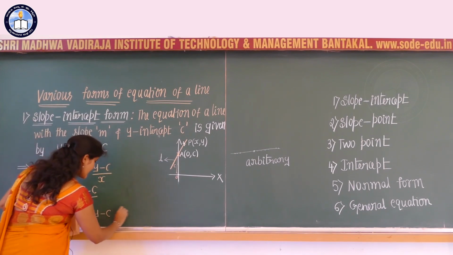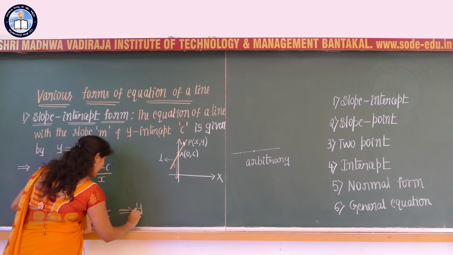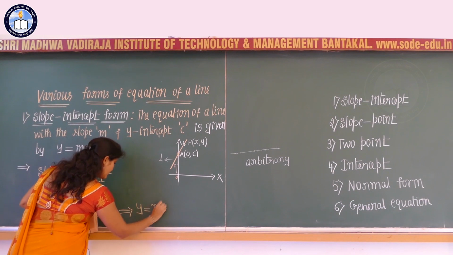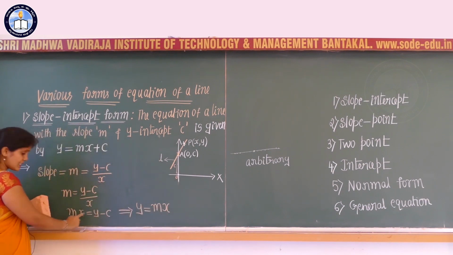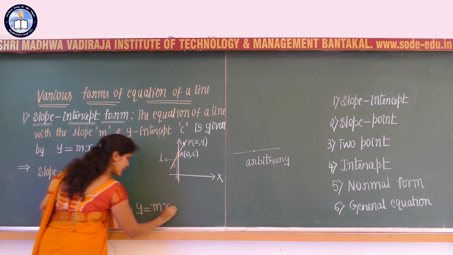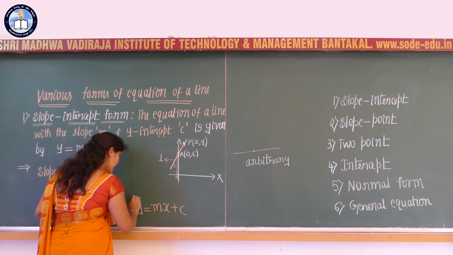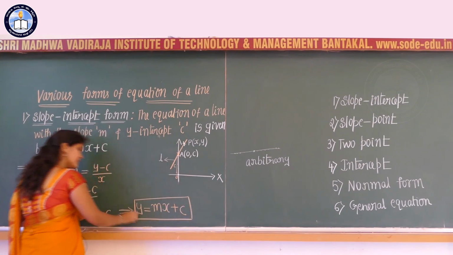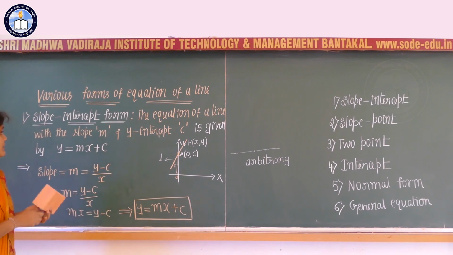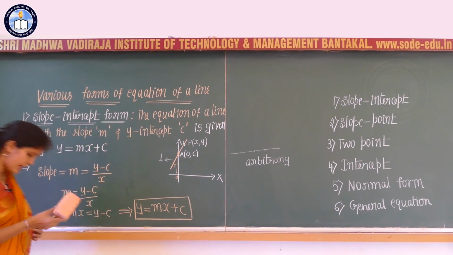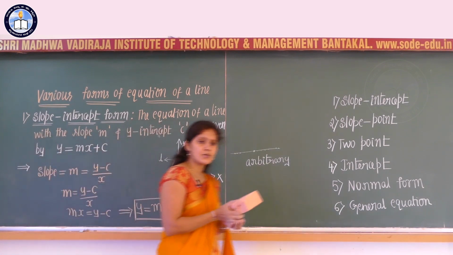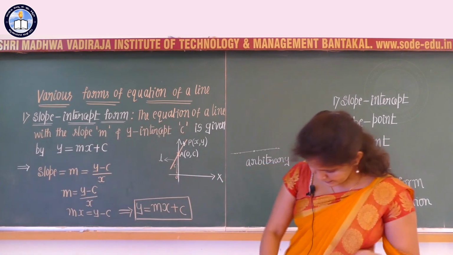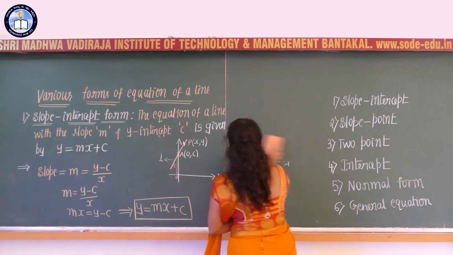Which gives the statement y is equal to m into x plus c, taking c to the left-hand side. So this is nothing but the first form of the equation of a line, and the first form gives the formula y is equal to m x plus c.